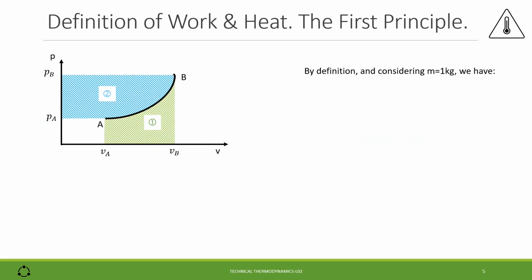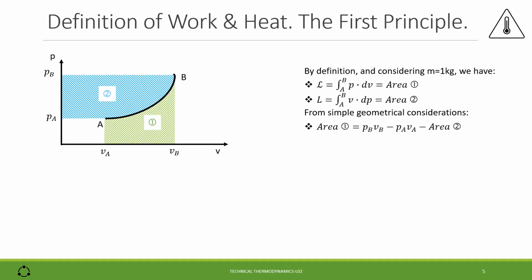By definition, and considering the unitary mass, we have the thermodynamic work, the integral between the states A and B of the pressure times delta volume, represented by the area number 1. As well, we have the technical work, that is the integral of the volume times delta pressure, represented by the area number 2.